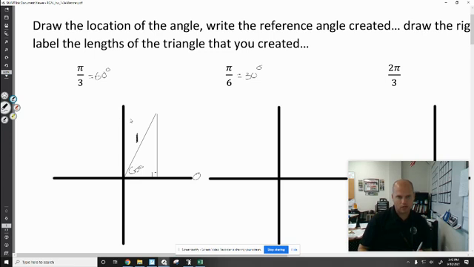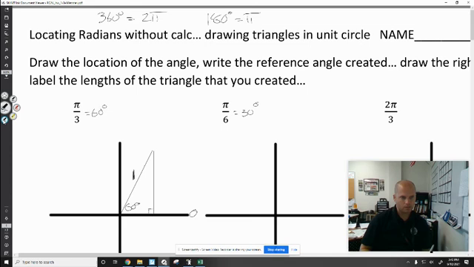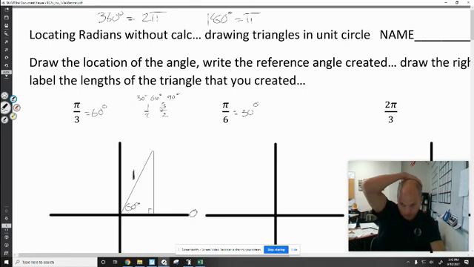And we already discovered that your 30, 60, 90 triangle has side lengths of 1/2 and root 3 over 2. We use the Pythagorean theorem and we prove that. But where does which one go?